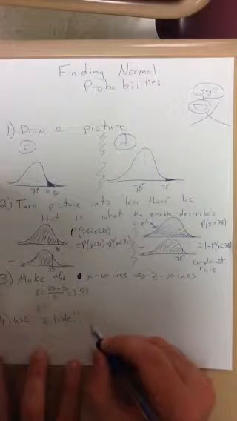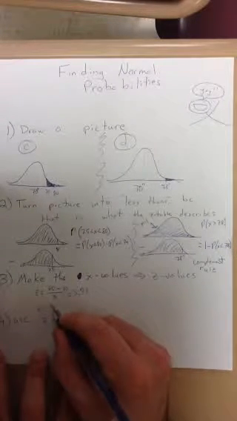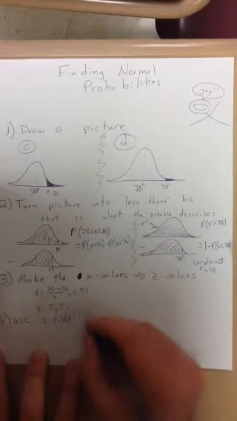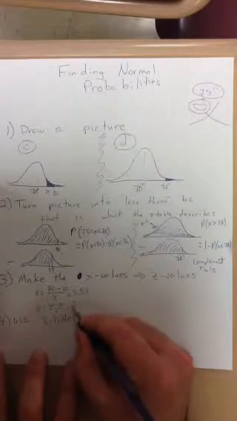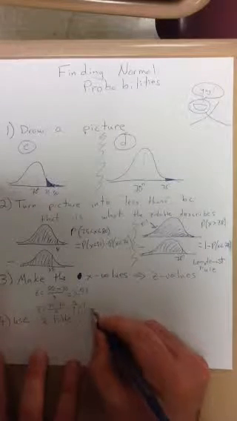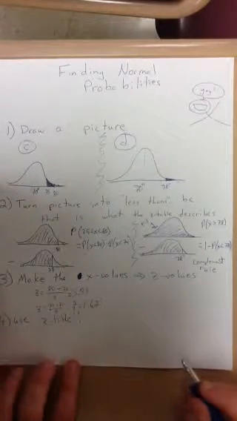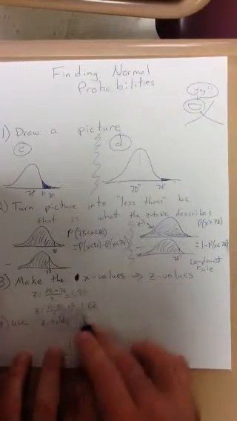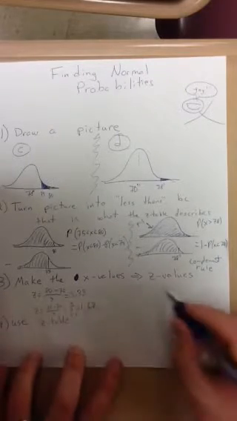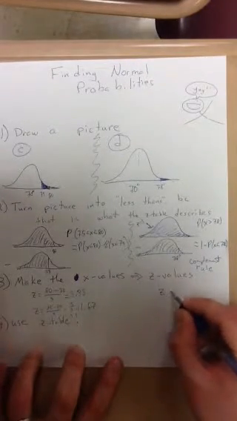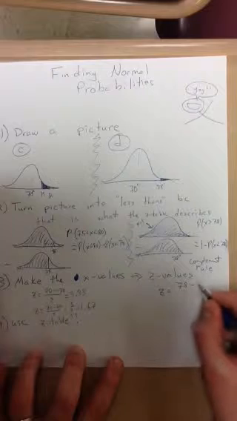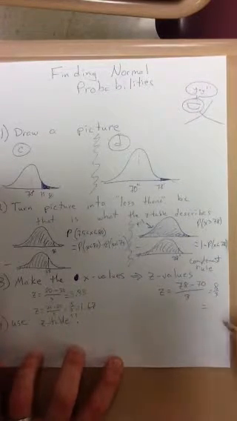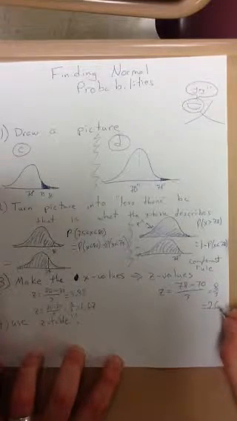The second z value is 75 minus 70 over 3, that would be 5 over 3, which is 1.67. Just to keep in mind, when we're saying this value, that's the z value that corresponds. Now same deal over here. Z is 78 minus the average 70 over 3, which is 8/3. That is 2.67.